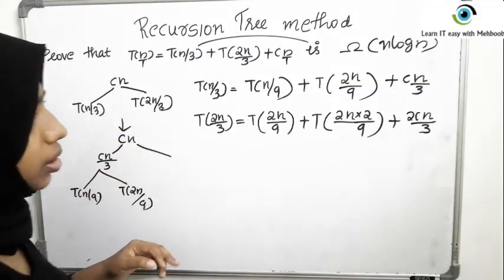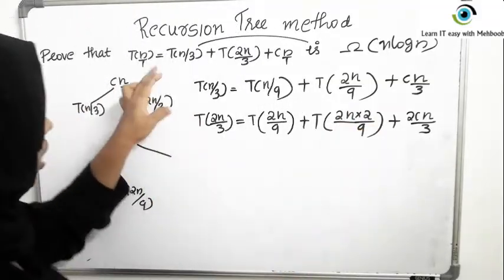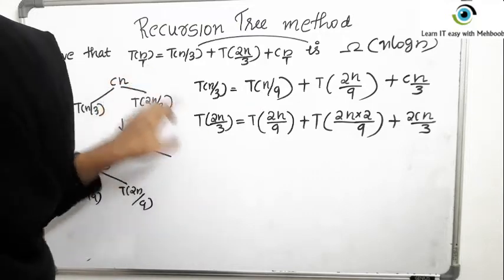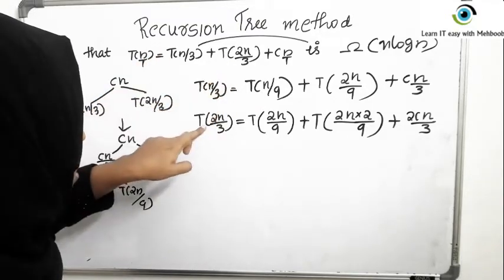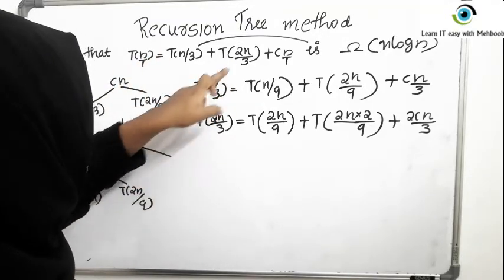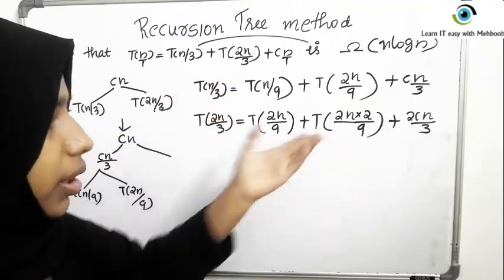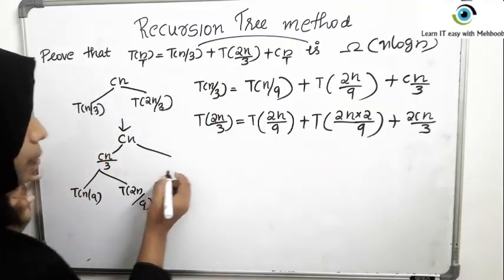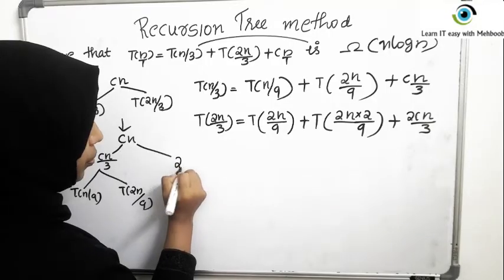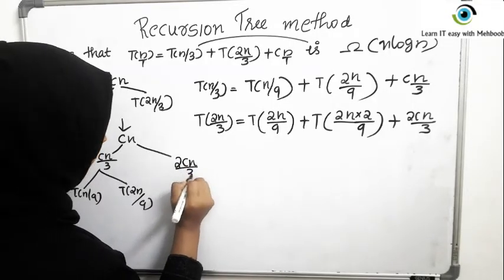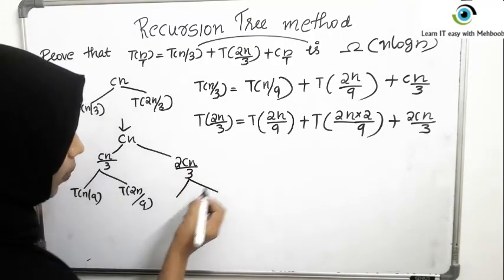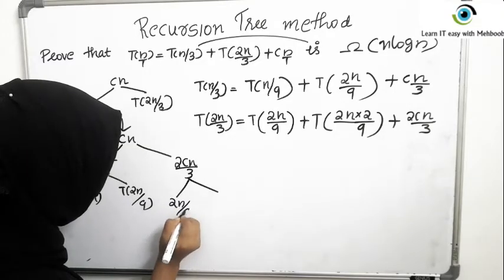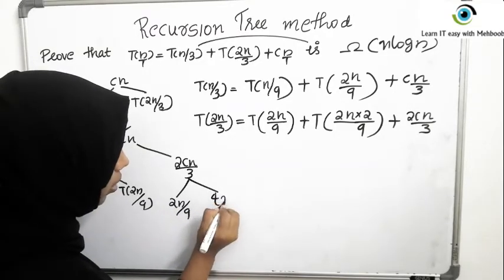Are you getting this? So this will be 4n by 9. See, when it is n, this is 2n by 3. So when it is 2n by 3, that should be 4n by 9, isn't it? That's it. So this root is 2Cn by 3, and the subproblems will be 2n by 9 and 4n by 9.